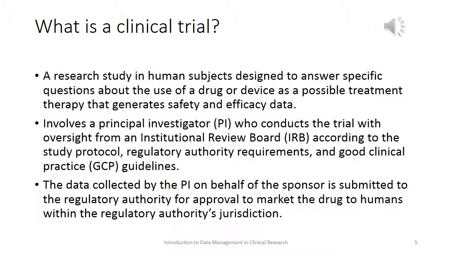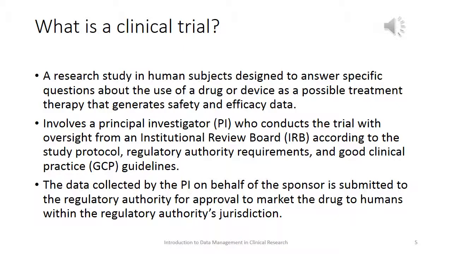So a principal investigator is going to be a physician, a doctor, who in most cases is going to be working at an academic medical center or some other big medical facility where they do a lot of research. The trial is going to be overseen by the Institutional Review Board, which in many cases is going to be an adjunct of that medical facility.